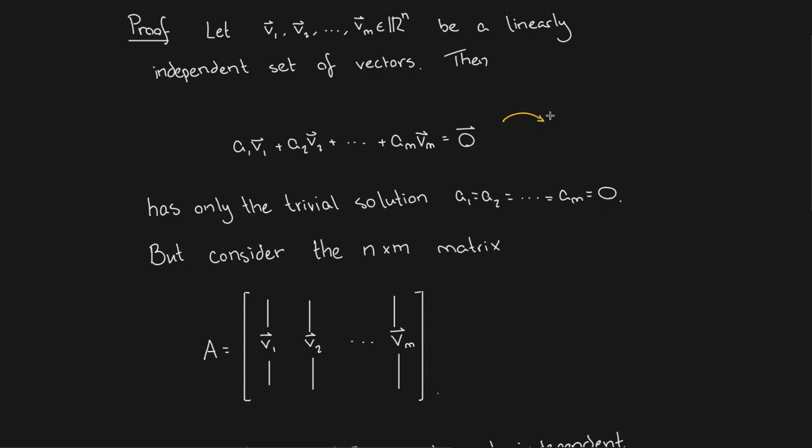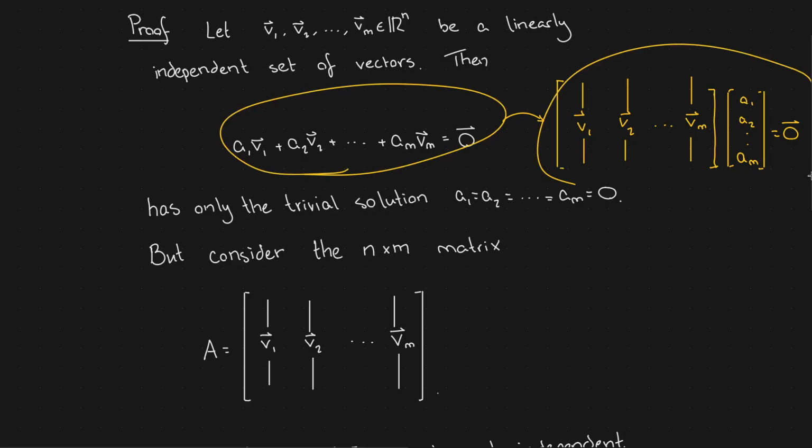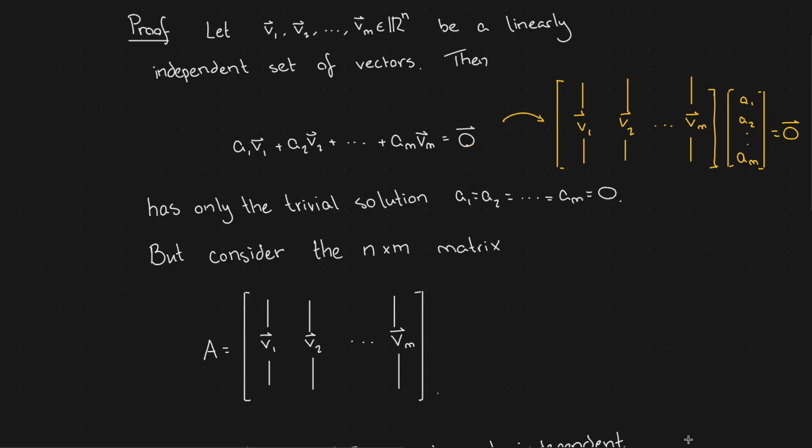But in matrix form, our coefficient matrix has the columns v, and then we multiply by the vector of coefficients a, and that's going to be equal to the 0 vector. Okay? This equation and this equation are the exact same thing. They're just written in two different ways: one as a linear combination equation, the other as a matrix equation. But they're saying exactly the same thing.